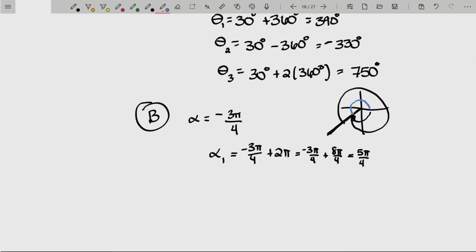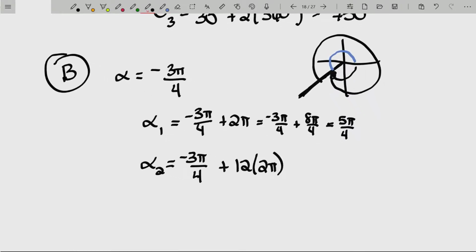A second angle that is coterminal to negative 3 pi over 4 is negative 3 pi over 4 plus 12 sets of 2 pi. Right? It's any integer multiple of 2 pi. So I just made my life a little bit difficult by creating such an insanely large number, but that's okay.